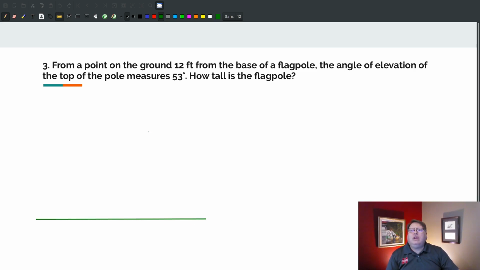Okay. And we want a flagpole. So we're going to draw our flagpole. And it's going to be a flagpole without a little thing on top, but I can't find it. So we're going to draw our flag. This is not a flagpole if it doesn't have a flag on it.